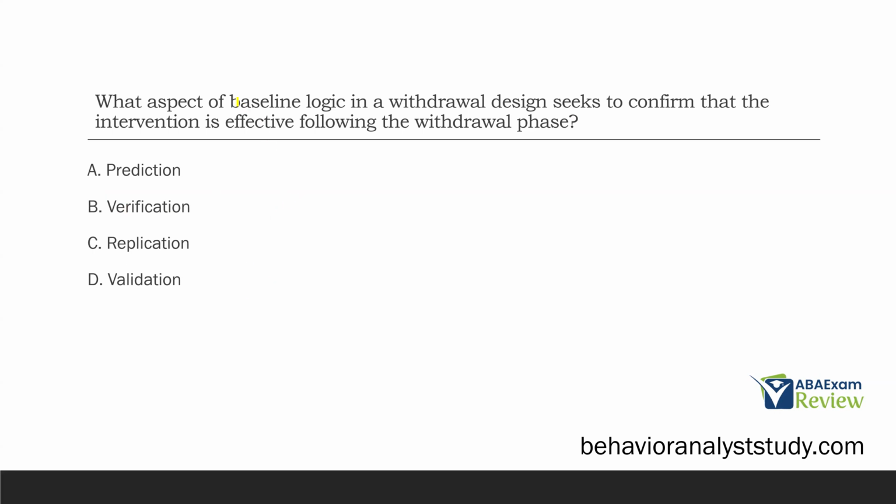So we know this is talking about baseline logic in a withdrawal design. Prediction, verification, replication. Which one of those three confirms that the intervention is effective following the withdrawal phase? Does prediction confirm the intervention? Prediction does not confirm the intervention. Prediction predicts the baseline, what we think baseline is going to do.